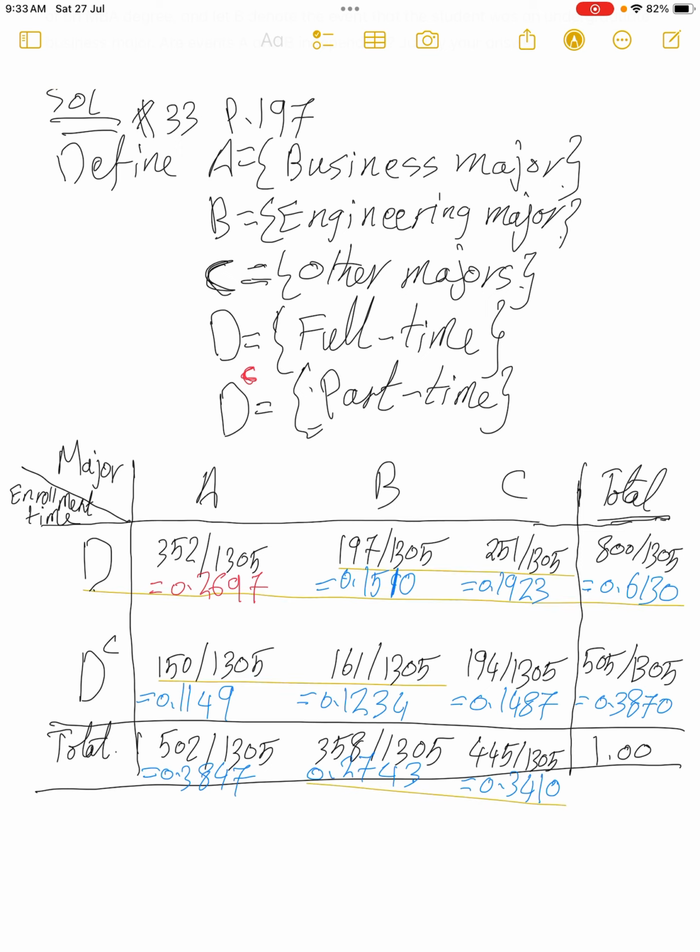Here 150 divided by 1305, it will be 0.11 approximately.